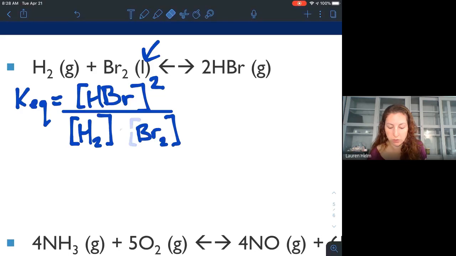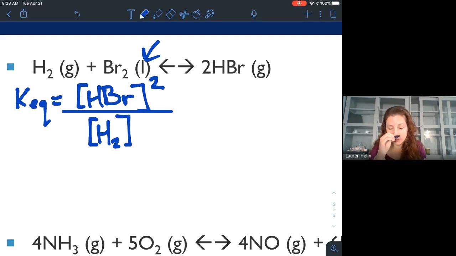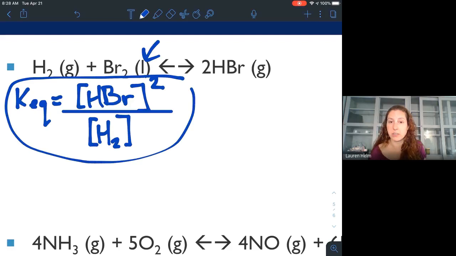So we're going to not include anything that is a solid or a liquid. So our equilibrium constant for this reaction is HBr concentration squared over hydrogen's concentration. And since we have nothing to plug in, this is our answer. This is the representation of the equilibrium constant.